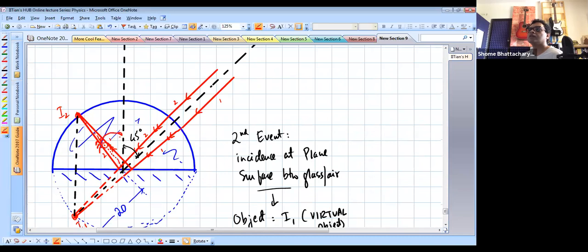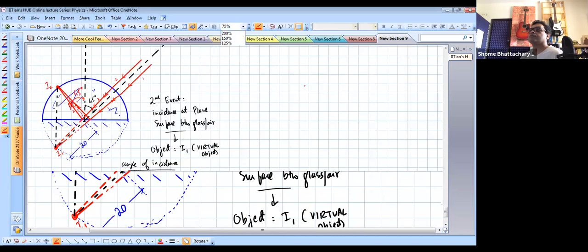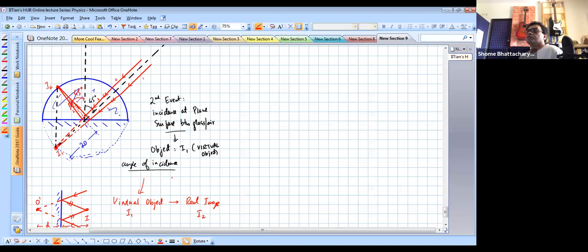This angle will be nearly 45 degrees. So that is the final position. So this I2 becomes the final image, which is incidentally a real image. It's a real. So if this is like a narrow beam of laser light, you will see a red colored spot at that point.